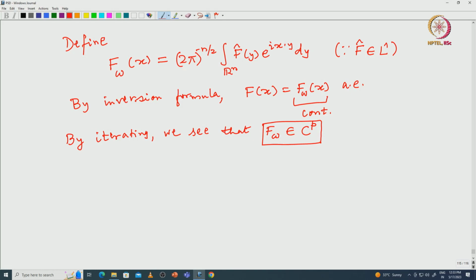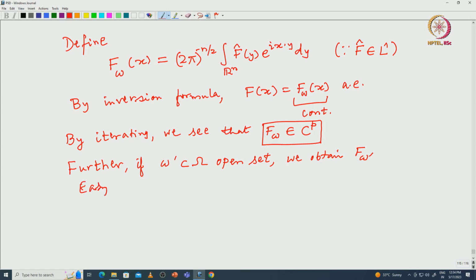And further, if omega prime is another open set with the same property, that its closure is compact in K, we obtain another C^p function f omega prime.